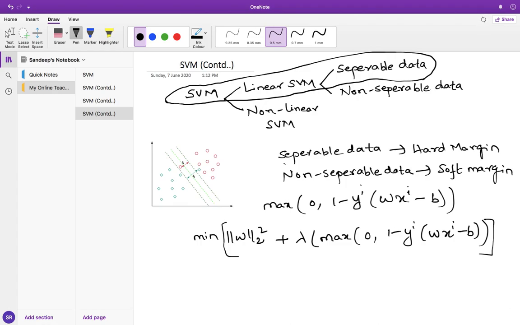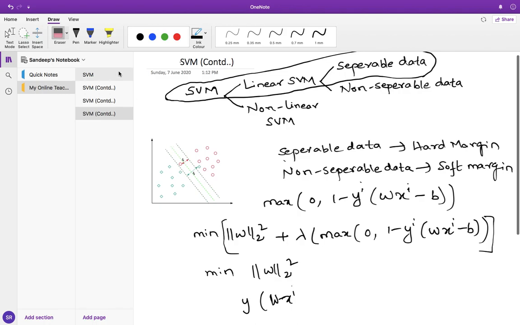So this can be represented in another form, let me write it here. Minimize, we will be using something called slack variables. So minimize this thing, yi into (w xi minus b).